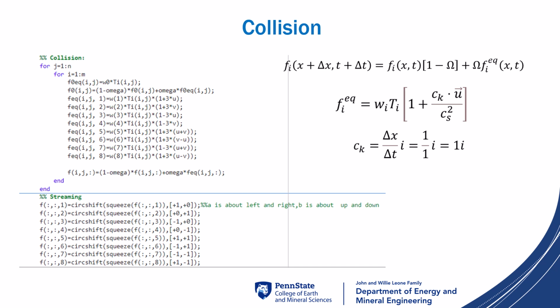That correction factor is 1 plus 3 times the horizontal velocity at that point. Thus, the equilibrium distribution in direction 1 equals the weight in direction 1 times the local temperature times the quantity 1 plus 3 times the horizontal velocity. We use a similar formula for all of the other directions and adjust based on their representative velocities.